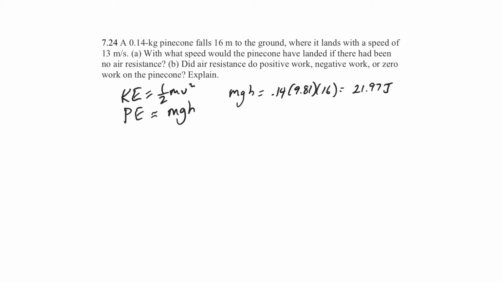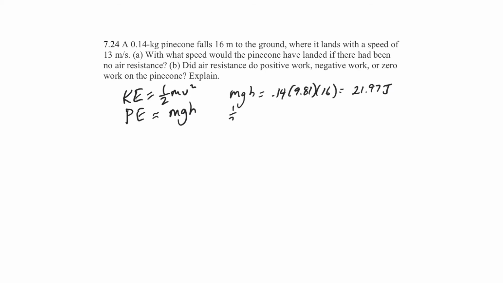All right, we know that it is going a final speed of 13 meters per second. So we know that the kinetic energy, or 1/2 mv squared, equals 1/2 times m, and what are we asked to do?